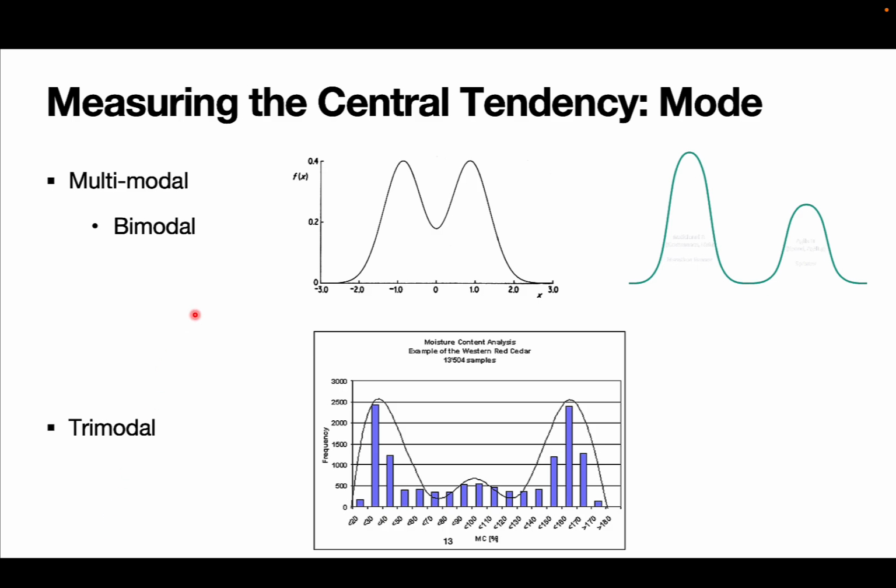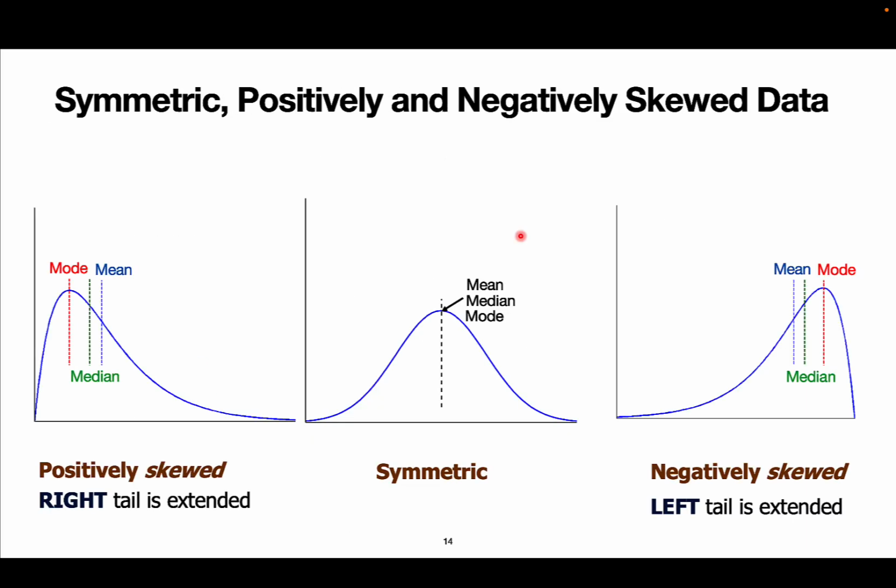These are density functions. A bimodal function is a distribution or function with 2 distinct peaks or modes. Similarly, we can have a trimodal function. Symmetric data is when the mean, median, and mode all overlap at the same point.